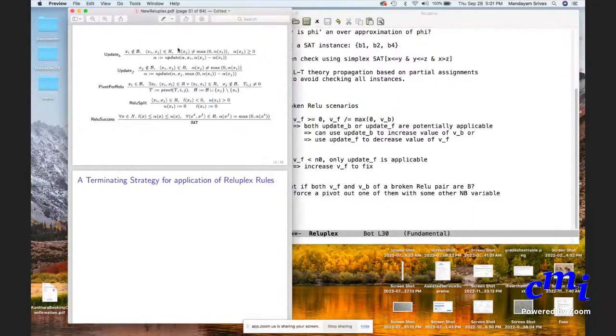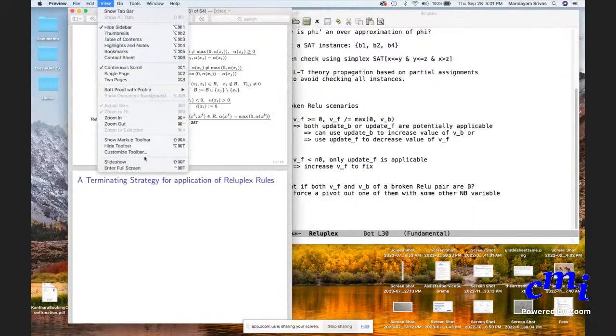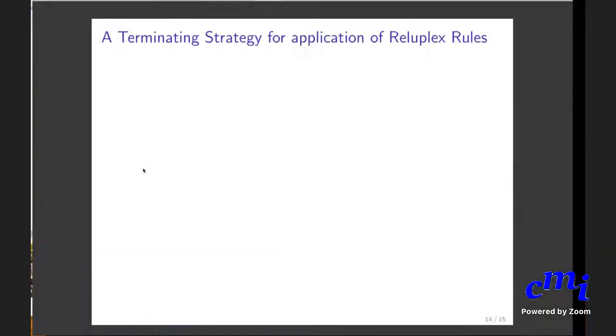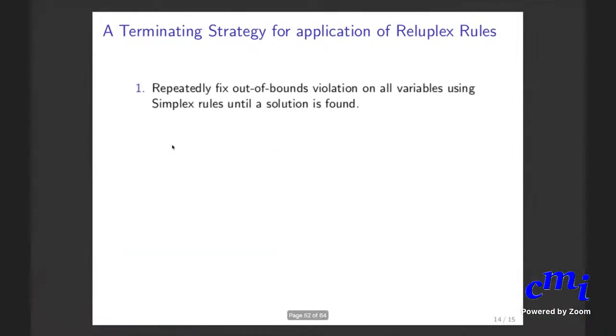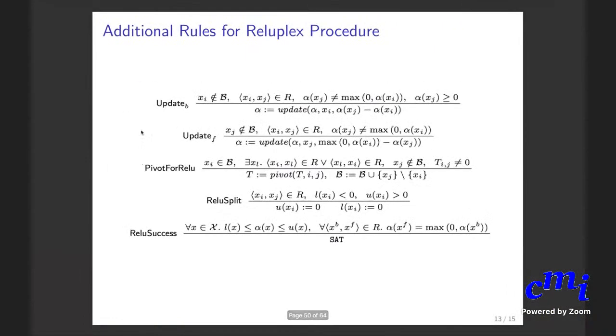Now, there is also this one. What if a ReLU pair is broken, but neither the input nor the output variable in the ReLU pair happens to be in the non-basic set? Then it introduces a pivot.